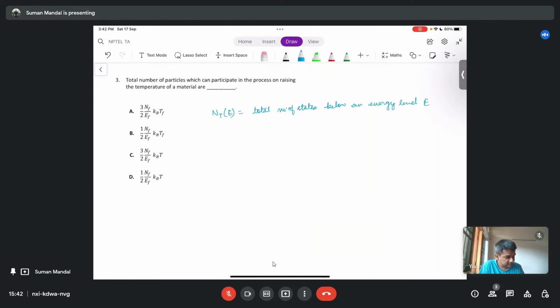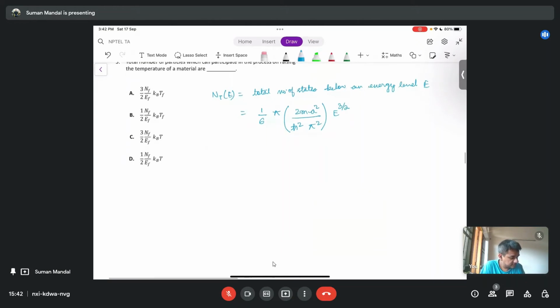We found that the expression for that is 1 by 6 pi, 2m a square by h cross square pi square, to the power 3 by 2, E to the power 3 by 2.